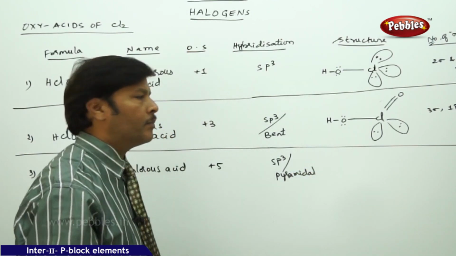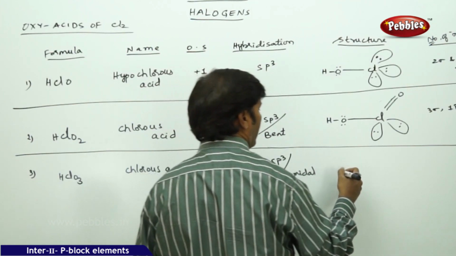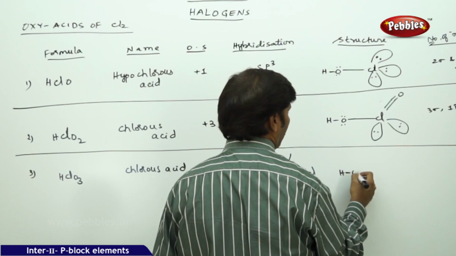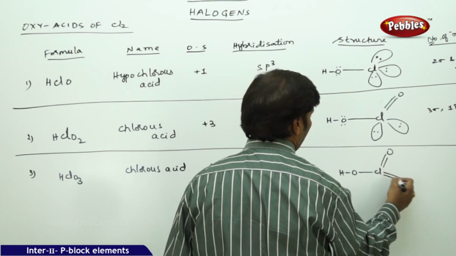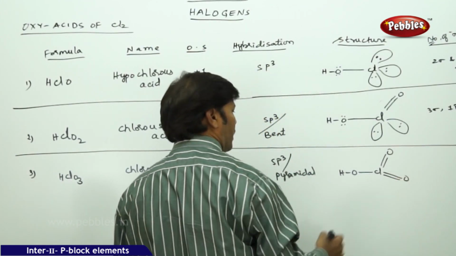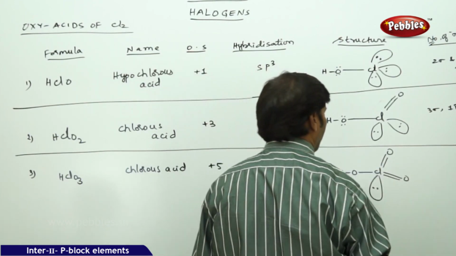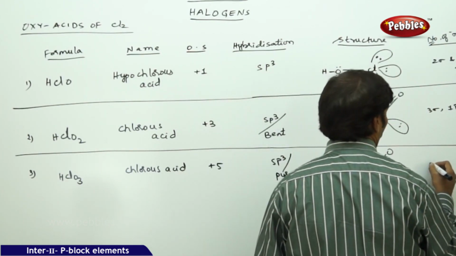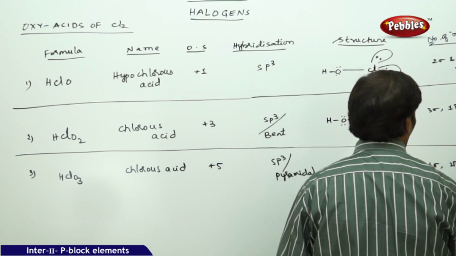We have almost the same structure: hydrogen single bond oxygen, chlorine, and double bond oxygen. It has a pyramidal shape, so one lone pair we can find here, and we have a total of 4 sigma bonds, 2 pi bonds, and one lone pair of electrons.